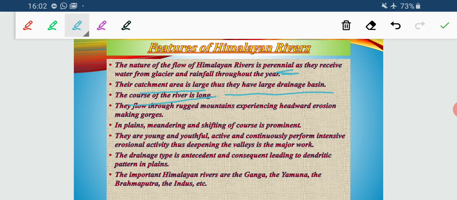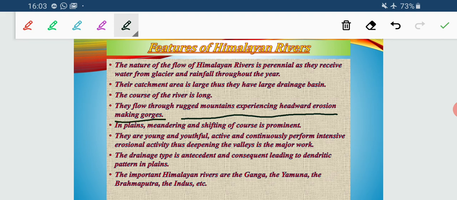They flow through rugged mountains. Himalaya is a rugged mountain range, and then we can see that they have headward erosion making gorges.